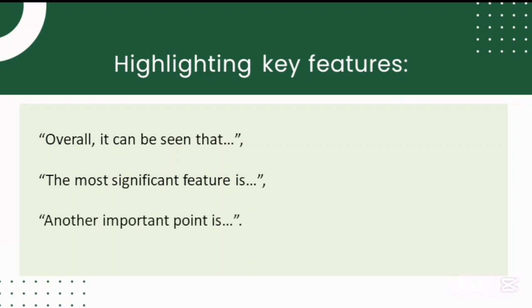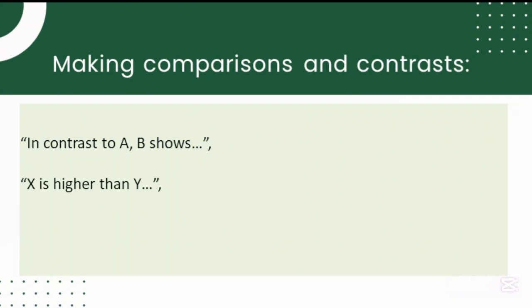Another important point is when you make comparisons and contrasts, you can use connectors that we discussed last time, like in contrast to A, B shows X is higher than Y, or Y is lower than X.